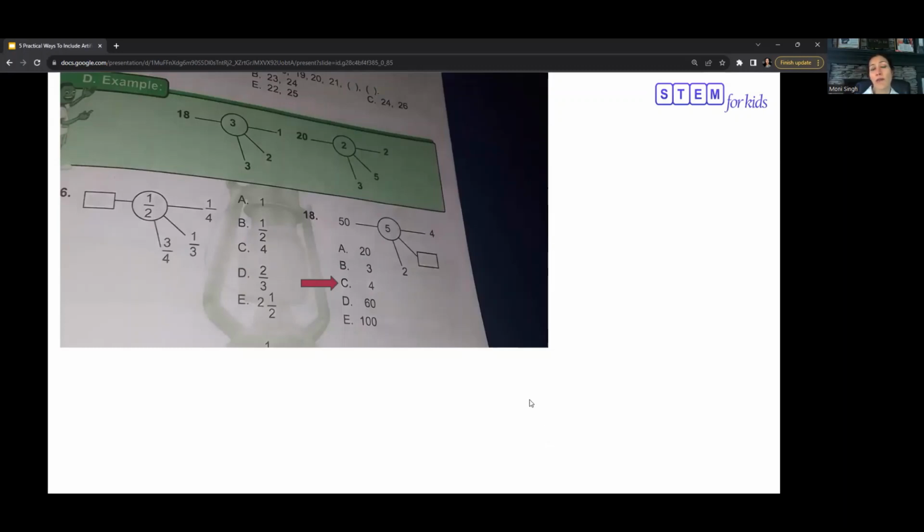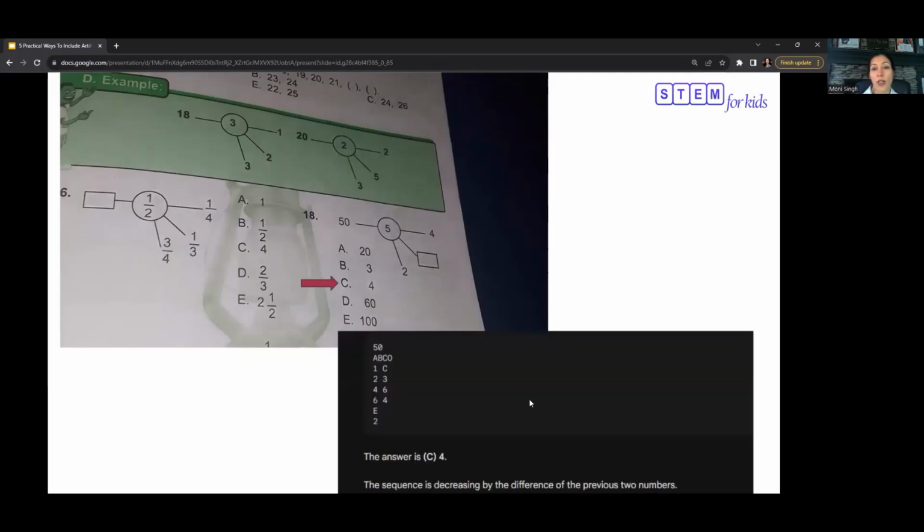Now again, when I gave this image to Google Bard, it came up with the right answer, but its explanation I just could not figure out. I think Google Bard is thinking it's a sequence problem. It came up with the answer, but the explanation just doesn't make sense at all.